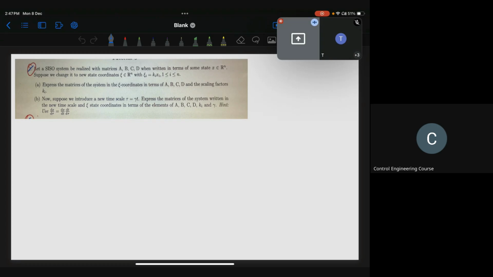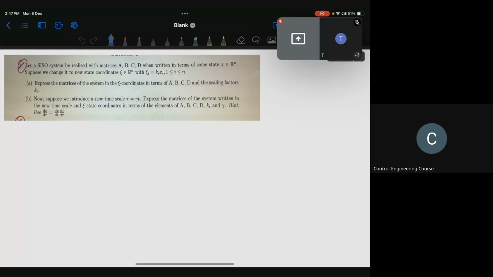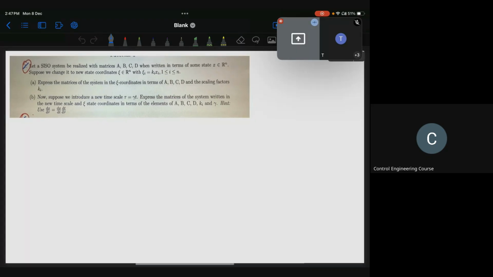Let's see the problems. Look at this first problem. Hope you are able to read it. We have a single input single output system represented in the state space representation.